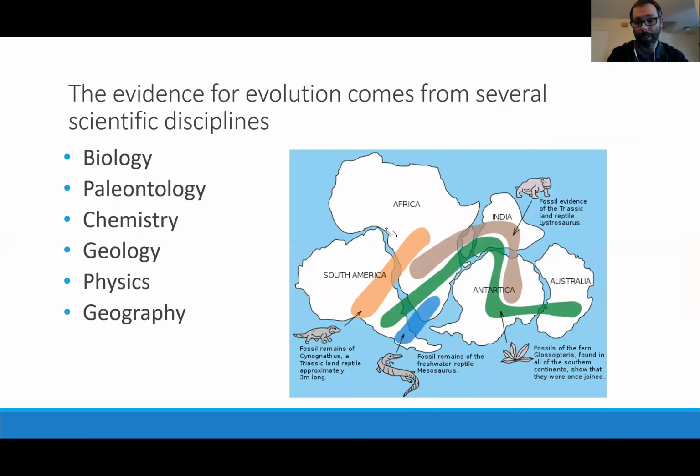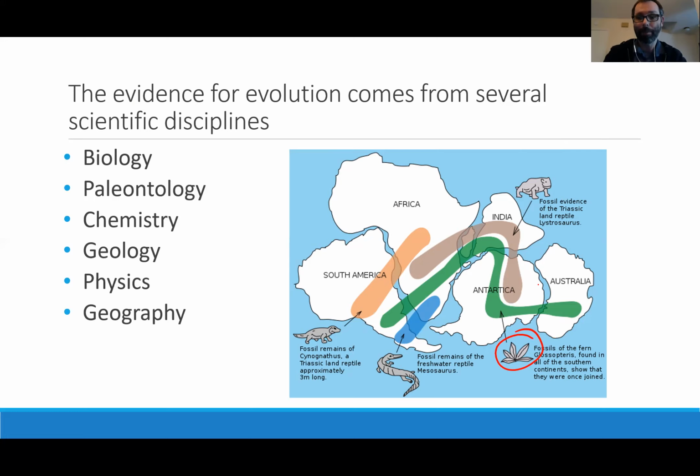We have geography. This is a diagram that shows how the continents used to be connected thanks to continental drift. They have drifted apart, but they used to all be connected. And one of the reasons we know they're connected, and the reason why it makes sense how it supports evolution, is that when you find a fossilized fern in parts of Australia and Antarctica and Africa and South America, you would have to ask yourself, well, how can a fern be in all these different places that in today's age are so far apart?